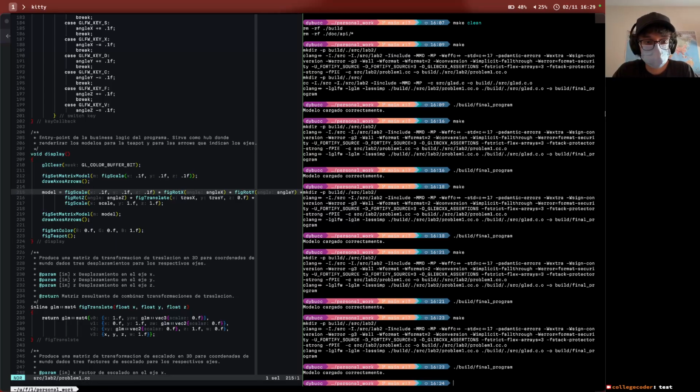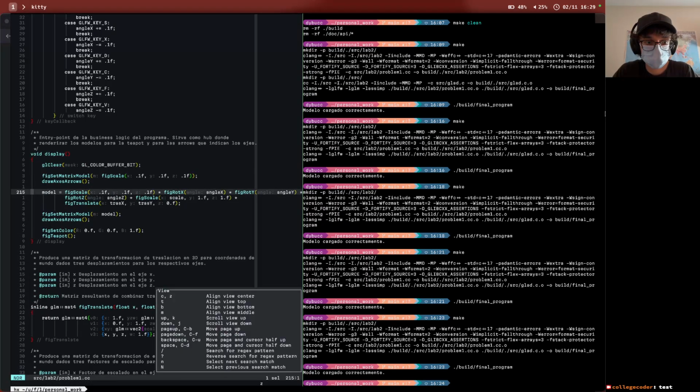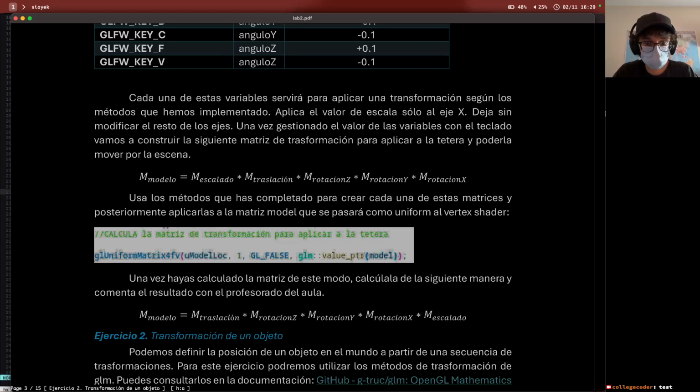First and foremost, you'd scale it, you'd rotate it, and you translate it, right? Scale it, rotate it, and translate it.